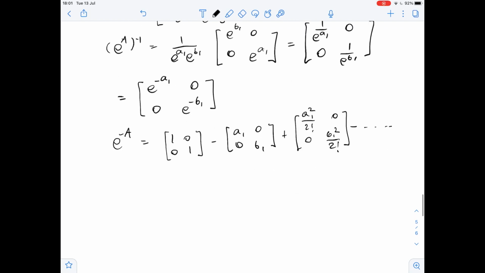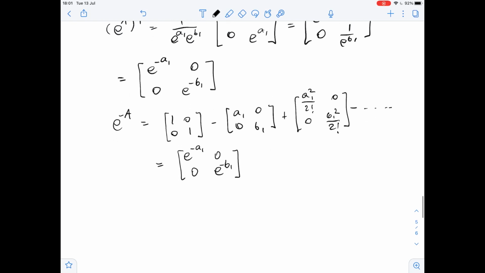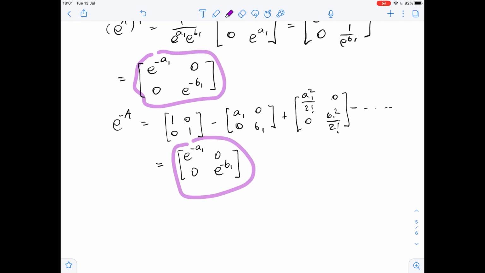This whole thing equals e to the power of negative A1, 0, 0, e to the power of negative B1, and as you can see, these two things are the same. So we have proven that e to the power of A inversed equals e to the power of negative A.